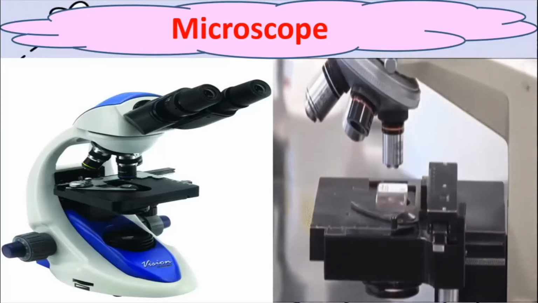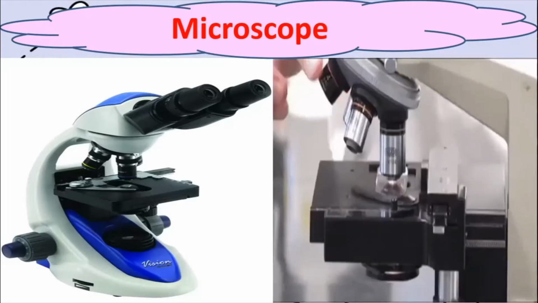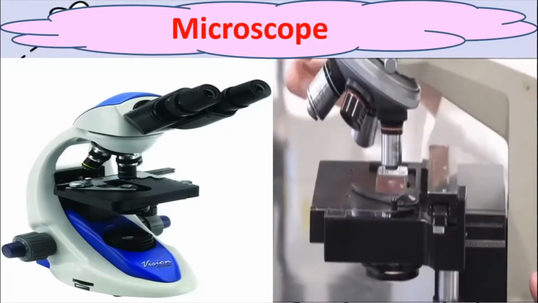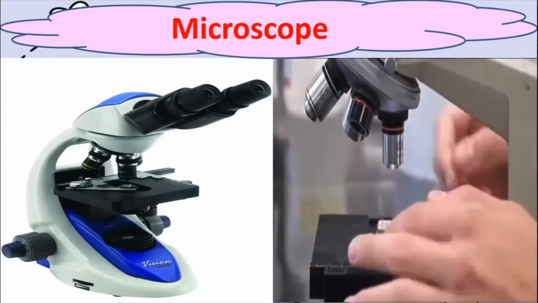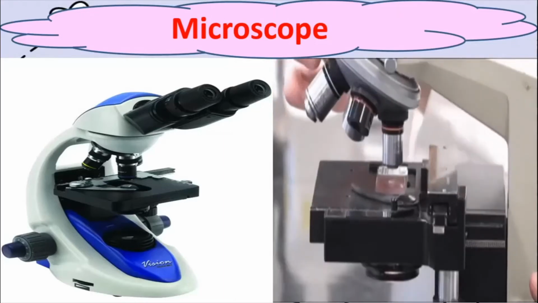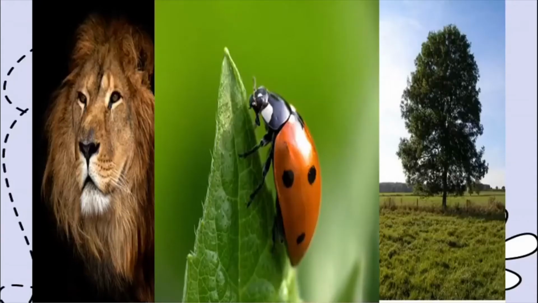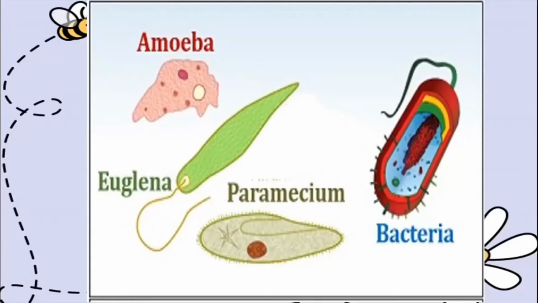So what do you see? You observe these unicellular, very small particles under the microscope. The protozoa is very tiny because it has only one cell, and therefore you cannot see it with the naked eye. Alright, so these are all examples of unicellular organisms or protozoa.